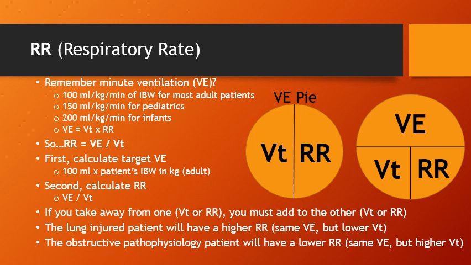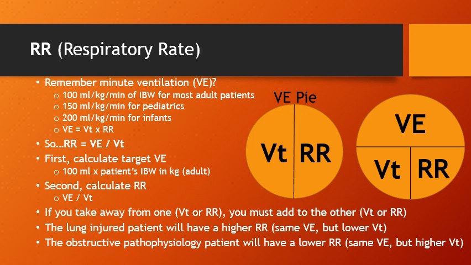So what you do here is you cover up the variable that you want to know. So if I want to know the minute ventilation, if I cover that up, what I'm left with is tidal volume and respiratory rate. They're next to each other, so I'm going to multiply them together. And that makes sense. We know that the minute ventilation equals tidal volume times respiratory rate.